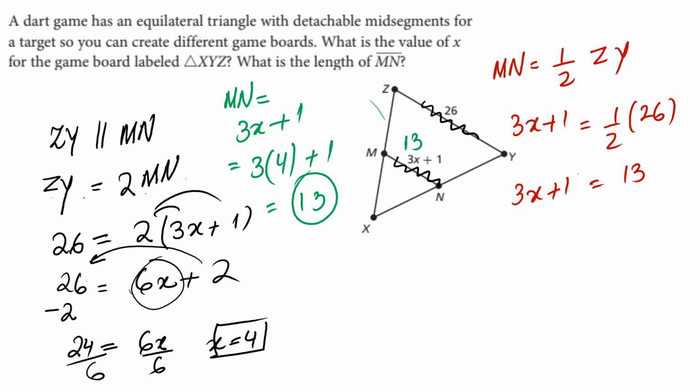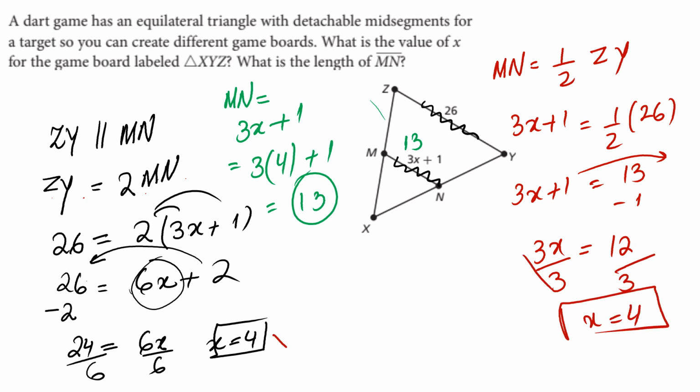Bring the 1 here so it gives you minus 1. So 13 minus 1 gives you 12 equals 3x. Divide both sides by 3 so you get x equals 4. So whatever method you use, you can see that both answers are the same.